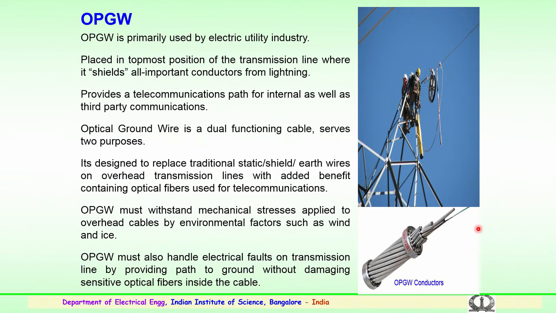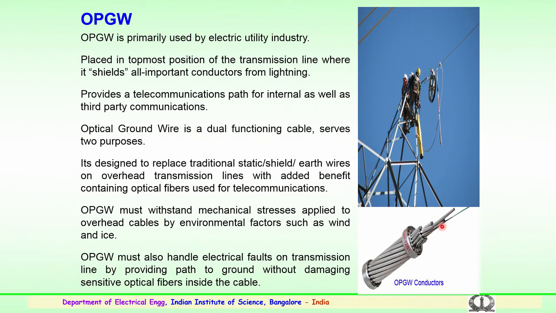Apart from that, it provides a telecommunication path, as mentioned earlier, through the optical fiber cable embedded here. This provides the telecommunication path for internal as well as third party communications through this network arrangement. The optical ground wire performs a dual function.